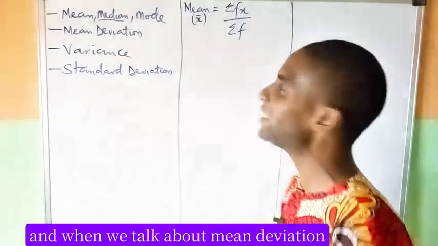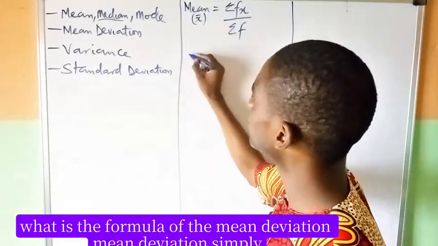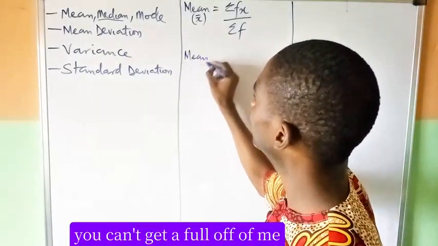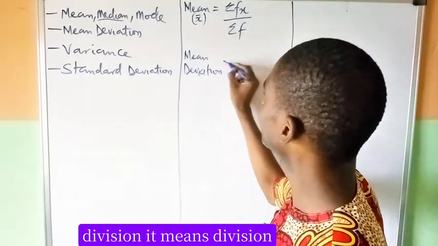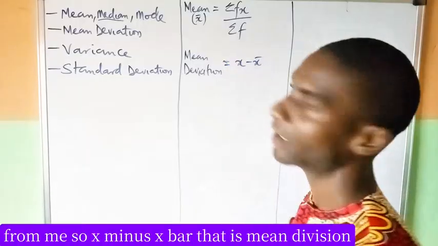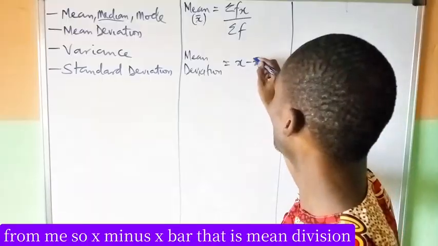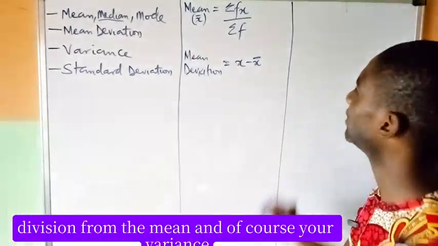When we talk about mean deviation, it means deviation from the mean, so x minus x bar. That is mean deviation, deviation from the mean.